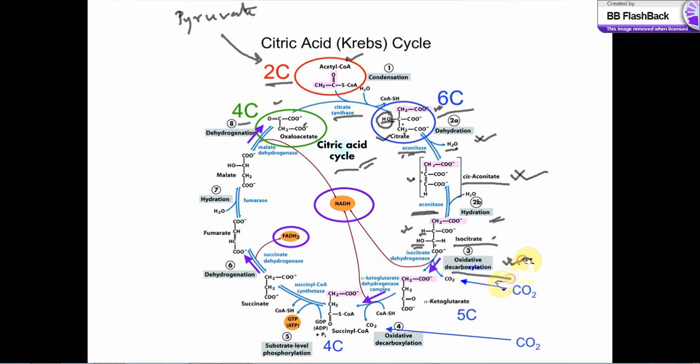Decarboxylation, from the name itself you can understand that one carbon has been taken out from the structure, and this is the carbon that has been taken out, no, not this one. This is the carbon that has been taken out from the structure, and the enzyme responsible here is isocitrate dehydrogenase.